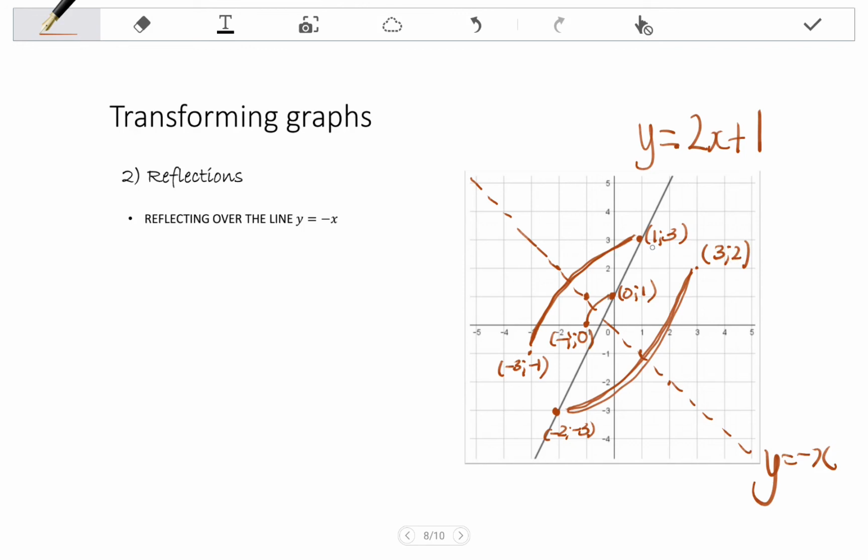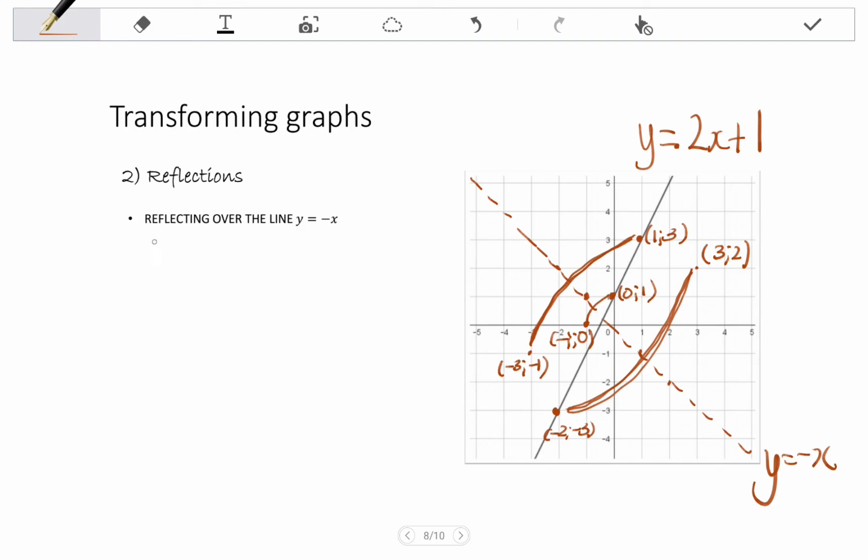So what is happening? From (1, 3), I go to (-3, -1). From (0, 1), I go to (-1, 0). From (-2, -3), I go to (3, 2). What is happening is that my x and y coordinates are swapping, but they are also changing sign.